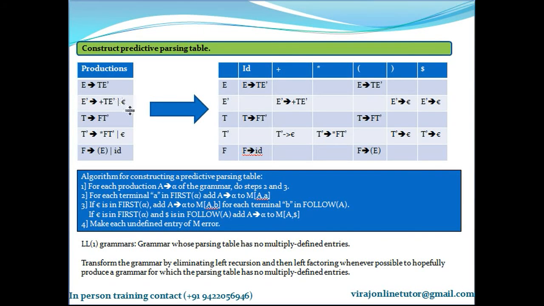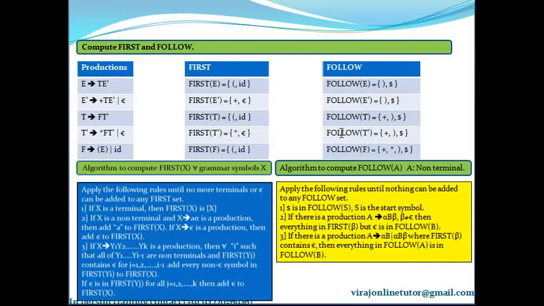Does E dash gives epsilon contain epsilon in first of right hand side? Yes. Since E dash gives epsilon, this particular production contains epsilon in first of right hand side. I have to place that production at follow of left hand side. So what is follow of E dash? Follow of E dash is close bracket and dollar.